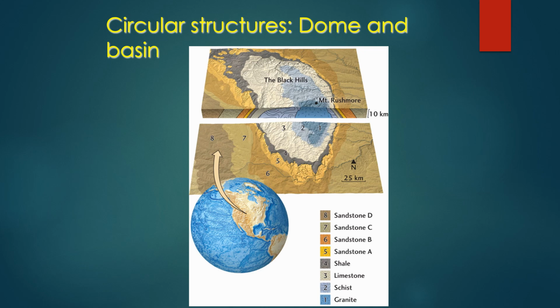Formation number 1 is the oldest, and it is exposed in the center. From the center outwards, formations number 2, 3, 4, 5, 6, 8 are gradually getting younger and younger. This is because erosion removed the top young layers of rocks from the dome and exposed the older core.